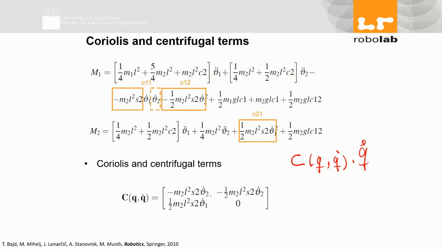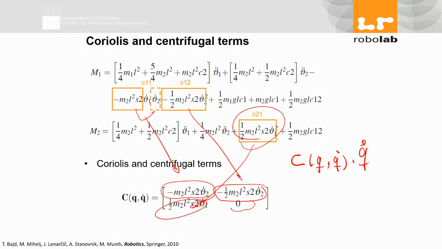And this one is coming from here. This one is coming from here. This one is coming from here. And since I don't have anything multiplied by theta 2 dot here, there is nothing, so it will be 0.